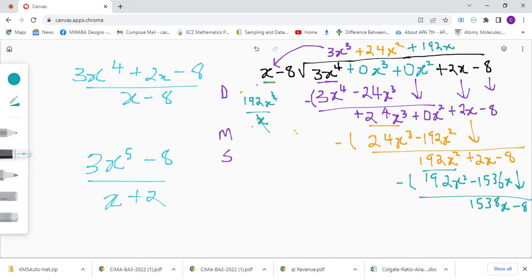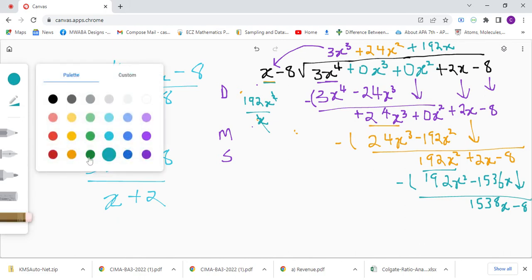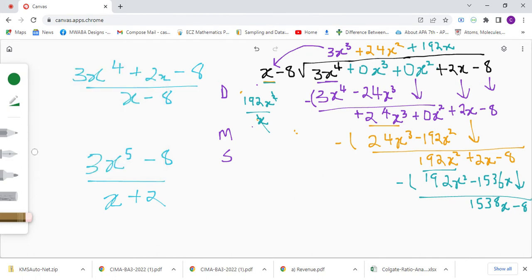Then we repeat our process again: divide, multiply, and subtract. We divide 1538x by x.